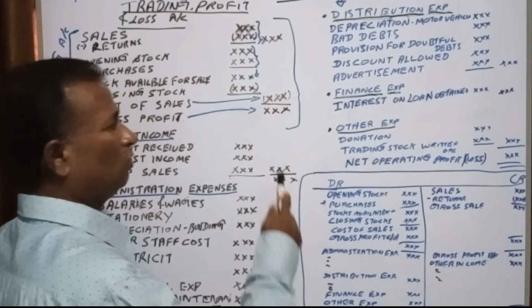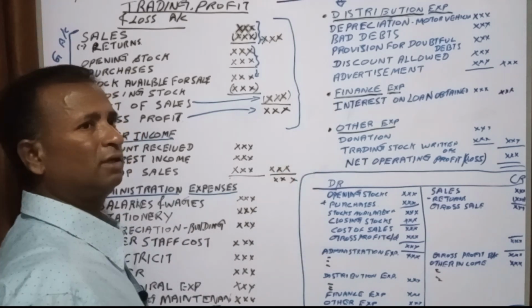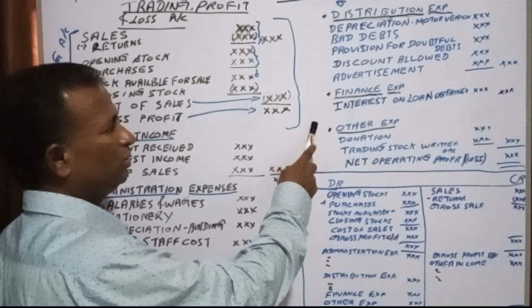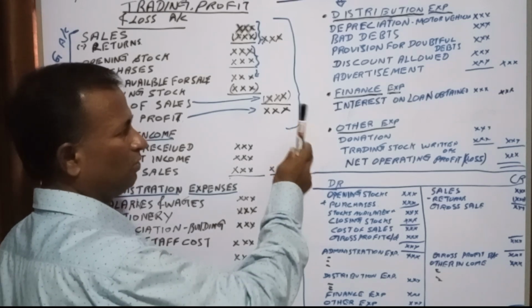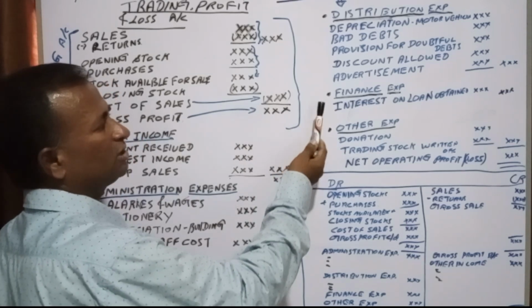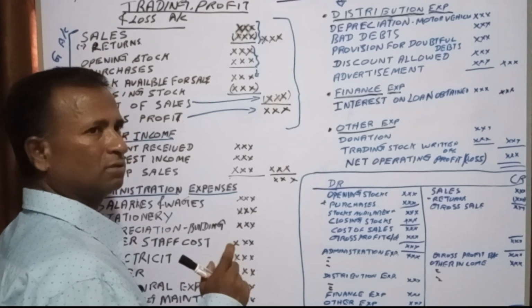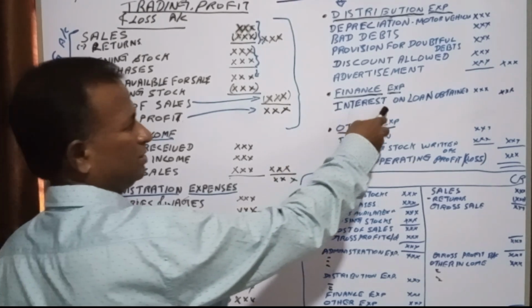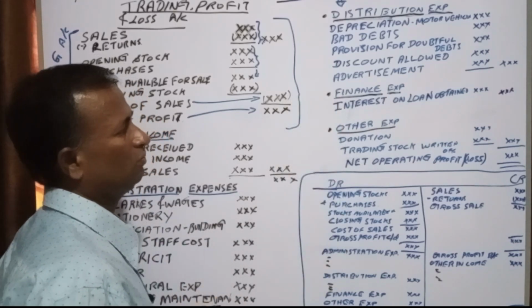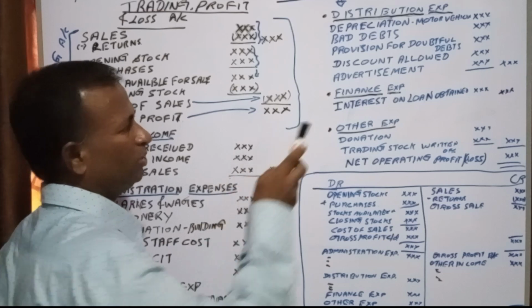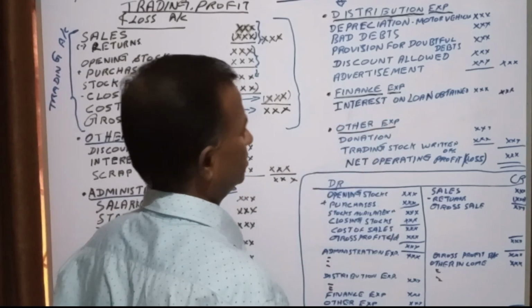Then the lender, the person who is financing, will charge a cost, that is interest. We have to pay them monthly or yearly in some way. That expense will be shown under the finance expenses.